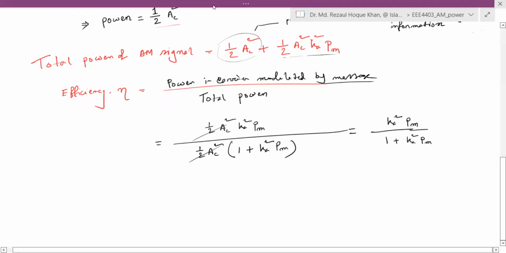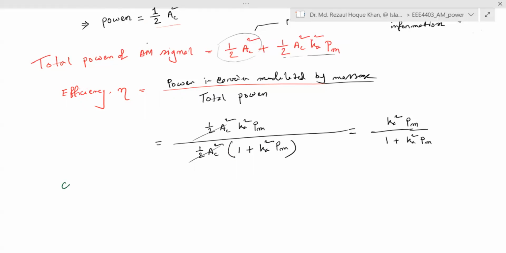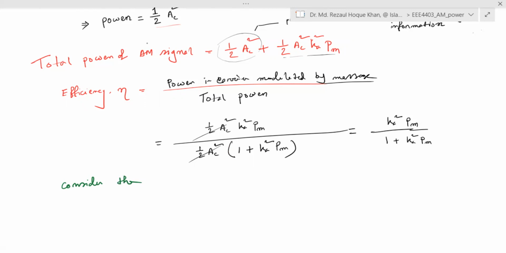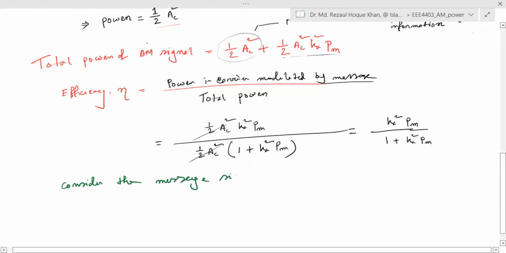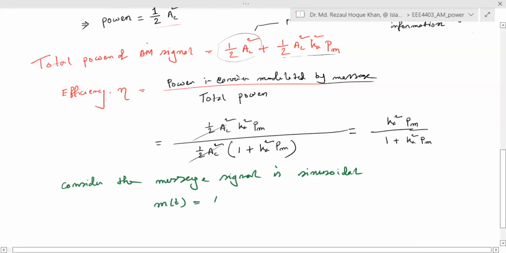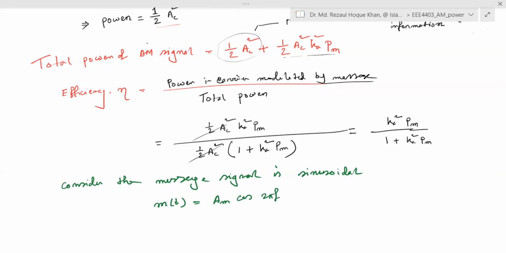Now consider the message signal is sinusoidal. In that case, what happens to m(t)? m(t) can be expressed as A_m cos 2 pi f_m t, right?